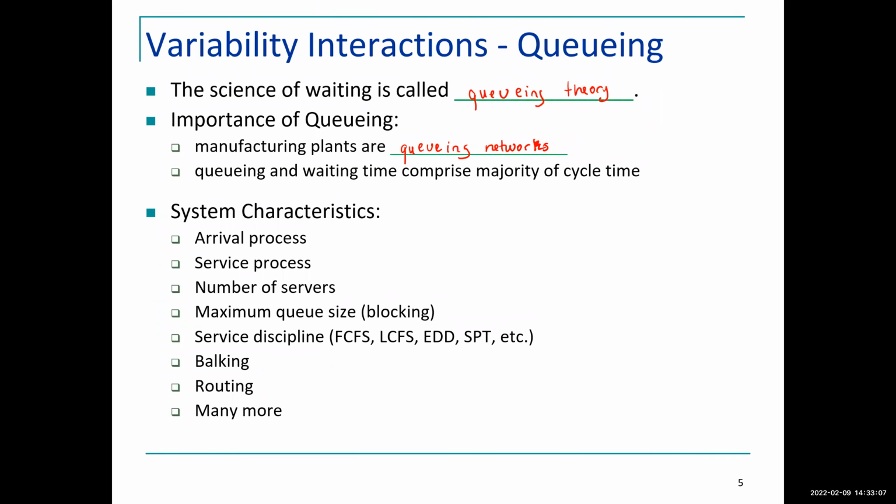So in one of the labs, we were putting a capacity, and then we were counting the ones that were not able to stay in the queue. The service discipline. So we're going to use first come first serve, last come first serve, early departure date, shortest processing time. So all those are disciplines.